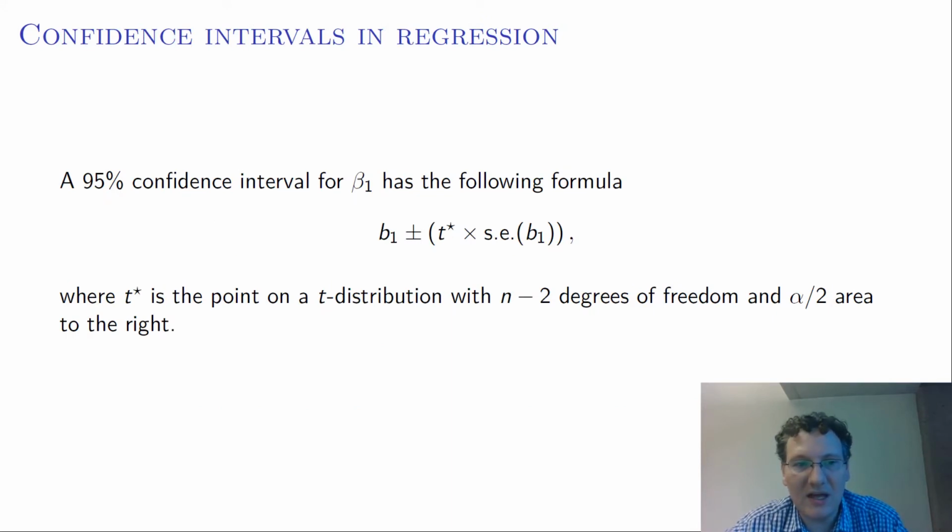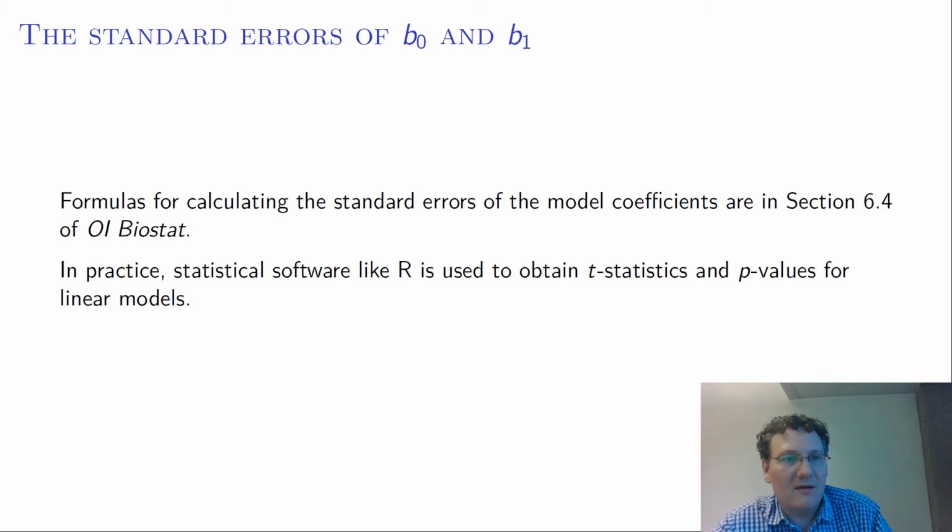You can also calculate a 95% confidence interval for the slope by taking that slope coefficient estimate and adding and subtracting a margin of error using the same formula we've used before. And like I said, there are formulas for calculating standard errors, but in practice, you're not going to want to do those by hand.